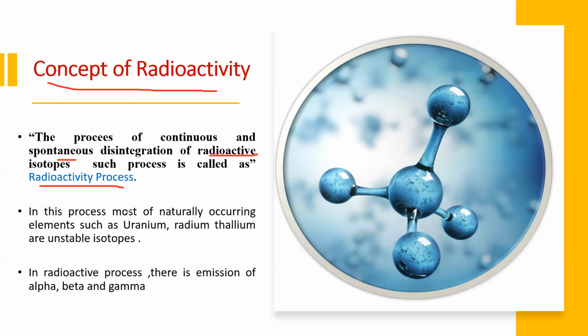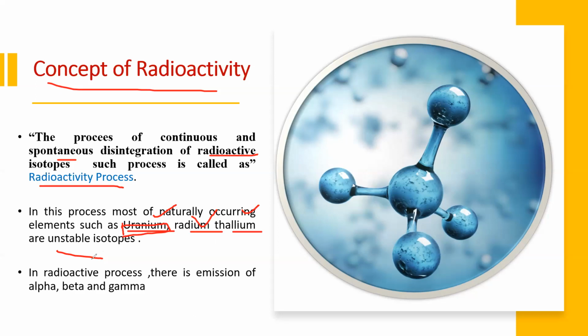Now in the process, most of the naturally occurring elements such as uranium, radium and thallium, such unstable isotopes, are used, and their productivity is very high with respect to the production of electrical energy. So which elements are used? Uranium, radium and thallium. Some students only note uranium and do not remember radium, but radium and thallium are also important.